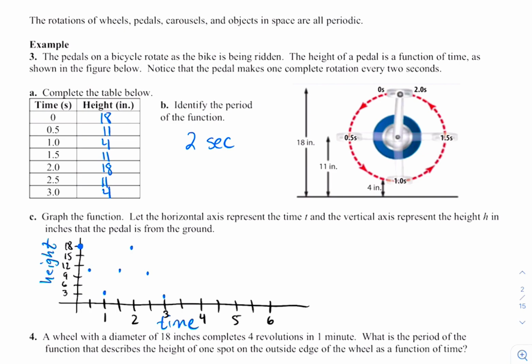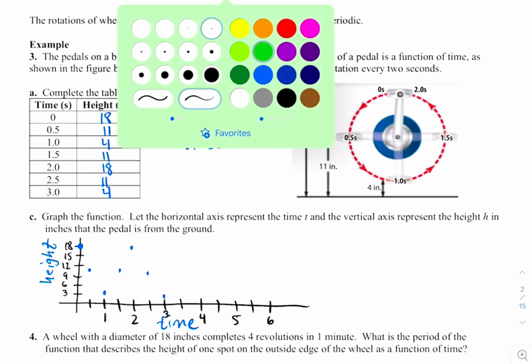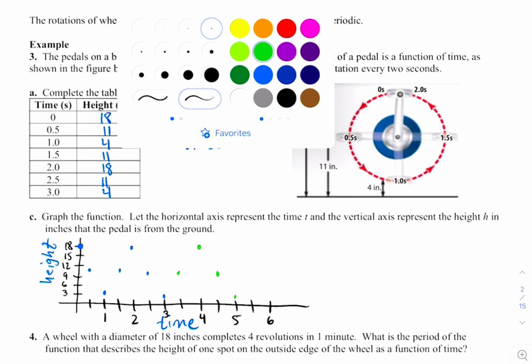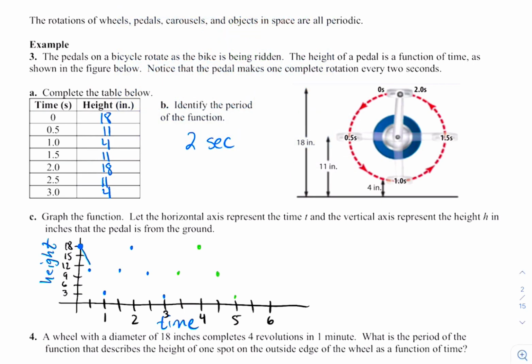Now, if I wanted to continue my graph off of my chart, I'm just going to keep following this pattern. So then I would be up there at 11, 18, 11, 4, and I can keep going forever. And then I'm just going to connect my points in kind of a wave pattern.